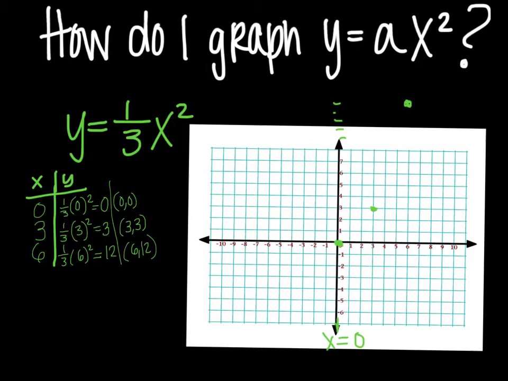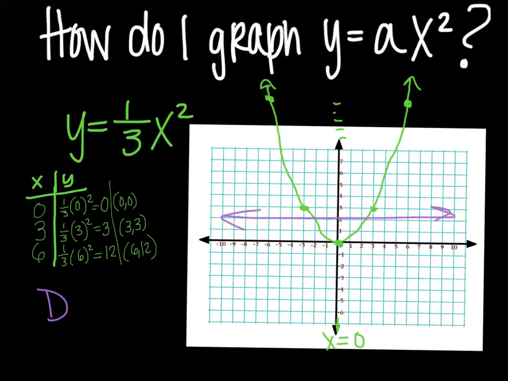That y-axis is x equals 0. So then I can reflect it over that line, and I will have this point here, and then this point up here, and then I can just connect this. And there's my parabola.